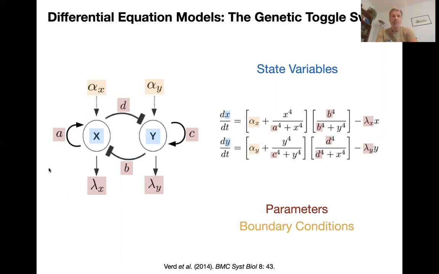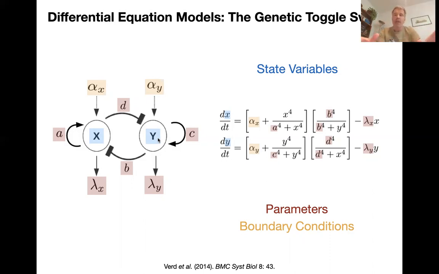And you have all kinds of parameters that describe the strength of the interactions, and also the decay rates or the half-lives of the proteins, so how stable the proteins are. These are parameters of the system, while the concentrations of both of these factors are the state variables. And I had said, if you do a simulation, usually the parameters and boundary conditions, which are also some sort of parameter, stay constant, while the variables, as their name says, change over time.